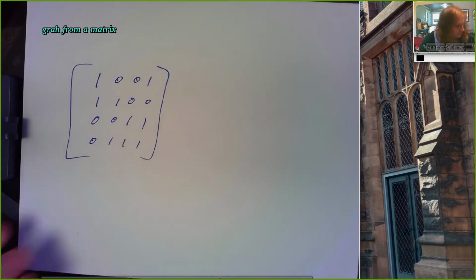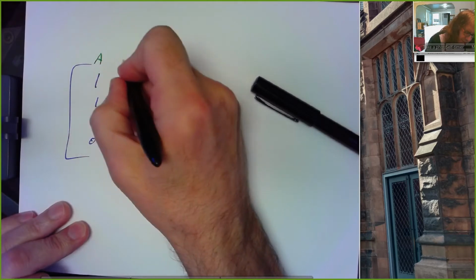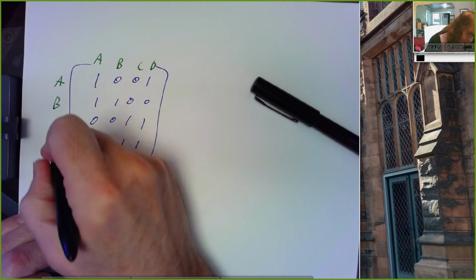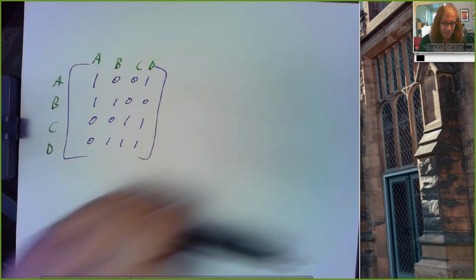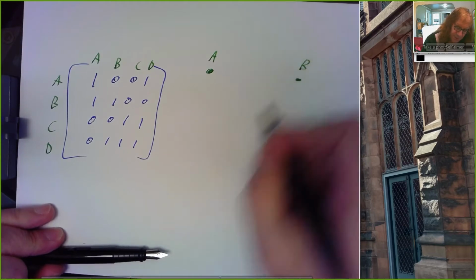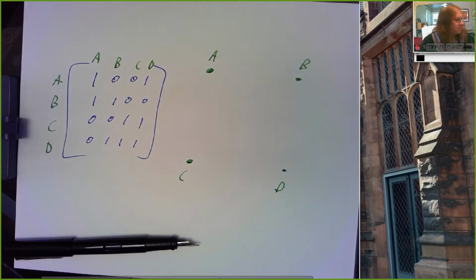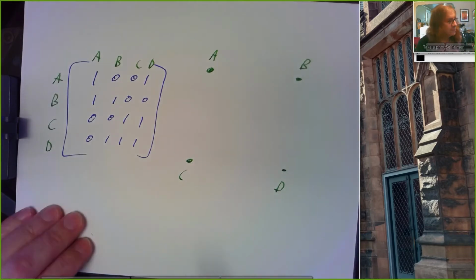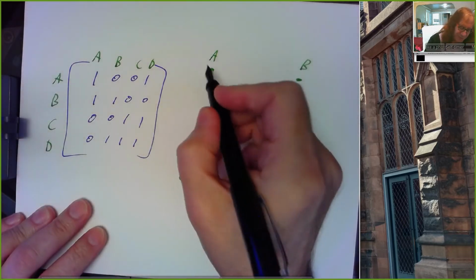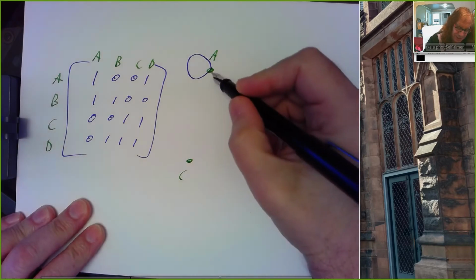So I'm just going to label these vertices. I'll just call them A, B, C, D. And I'll put them somewhere on my paper. So this is perhaps reminiscent of drawing state diagrams. And so this shows us where we have edges. We have an edge from A to A, and we have an edge from A to D.